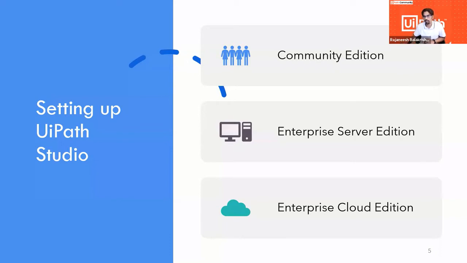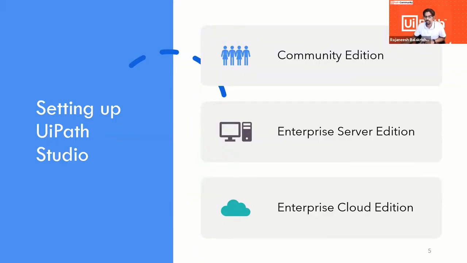And setting up the UiPath Studio. I hope by now I did not get any questions on this from anyone. I hope everybody is comfortable installing the studio. You have downloaded the community edition of the studio, which means there are some limitations. You cannot have unlimited robots. That is the first limitation.